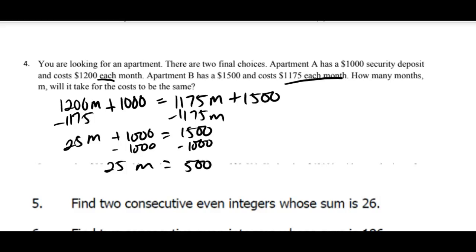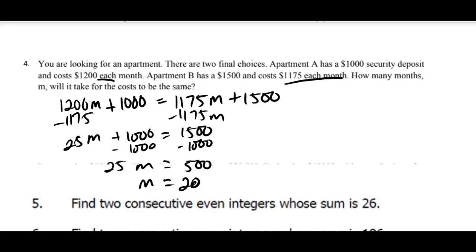And I take 500 divided by 25, which I think is 20. Yes, it is. So it's going to take 20 months. So if you're not going to live in your apartment there for at least 20 months, one's going to be better than the other.